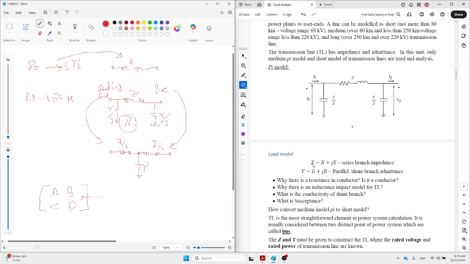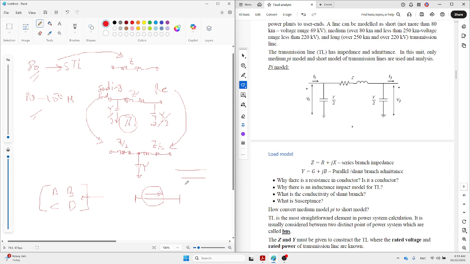Then, okay, what is the Z impedance? The impedance in the power system comes in this way. The R is the conductor resistance. For 1 meter of any conductive material, we have a specific resistance, however small it is. When we're talking about 80 or 100 kilometers, you can see the value becomes big. So the R becomes big. Then what is X?